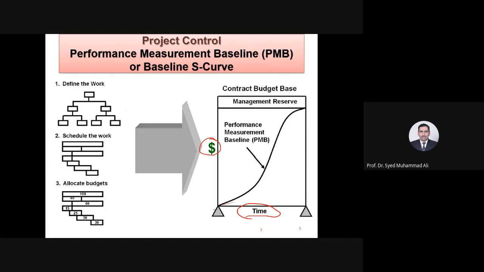This is the distribution with respect to time. Initially the slope is less, but as you progress, the slope increases, meaning the rate of doing work increases, and near completion it then slows down. So this is a typical S curve, and because of its shape we call it S curve, or it is called the performance measurement baseline.